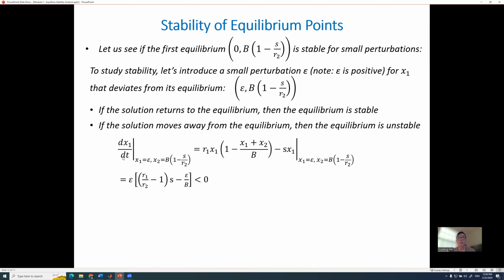That means the derivative of x1 with regard to time is less than 0, so x1 is going to decrease. If you provide a small perturbation of x1, then x1 will decrease back to 0.